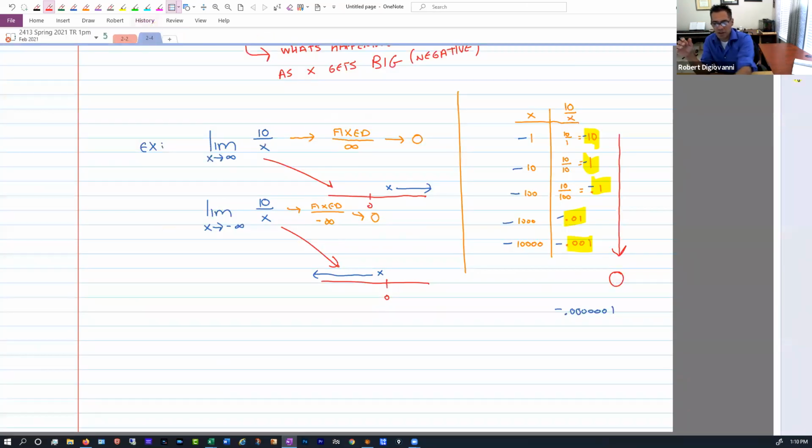Of course, these are going to get more challenging, but hey, how about this one? How about limit x goes to infinity of -3 over x squared plus x.